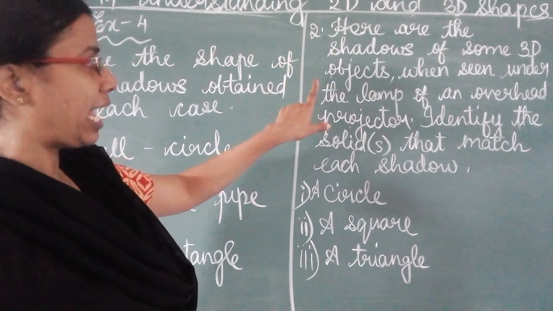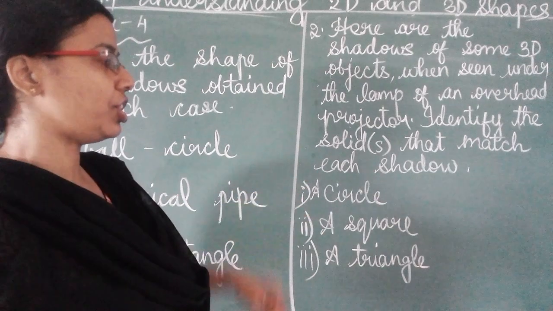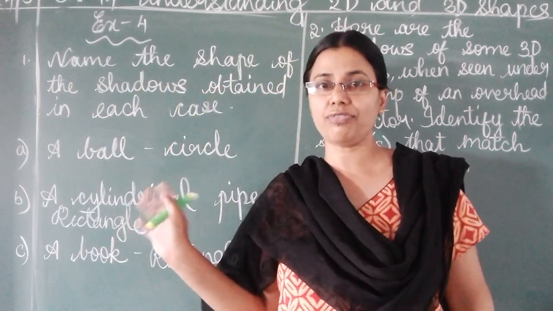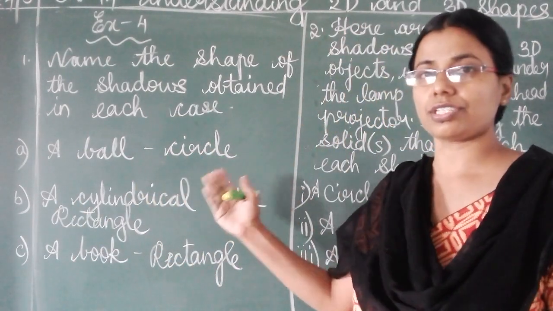Now, here are the shadows of some 3D objects. When seen under the lamp of an overhead projector, identify the solids that match each shadow. Overhead projector means, now how did we see the shadows? We have seen the shadows towards the side.